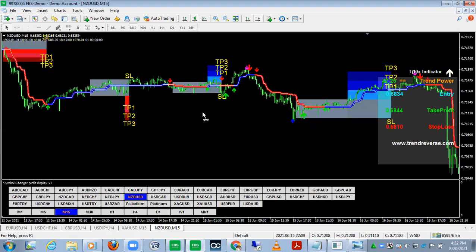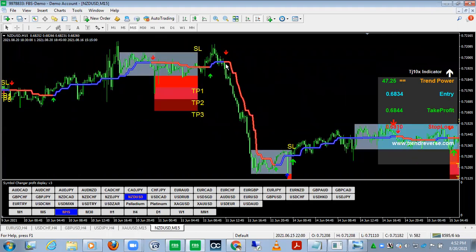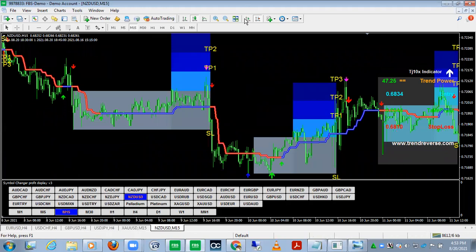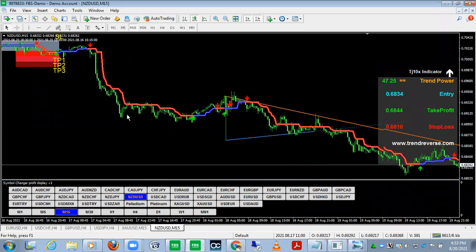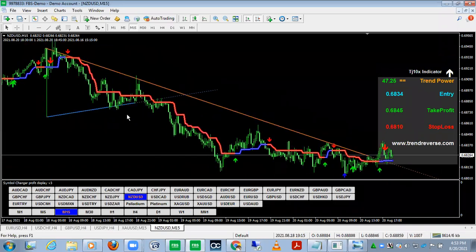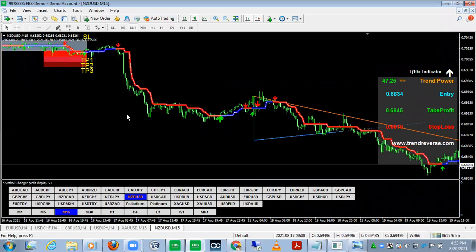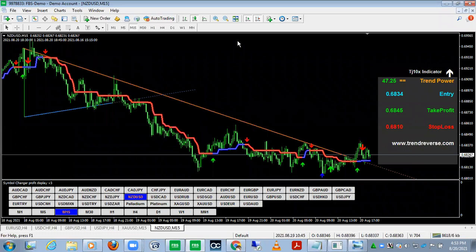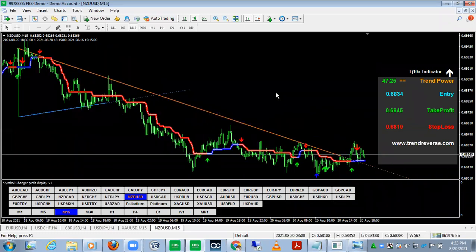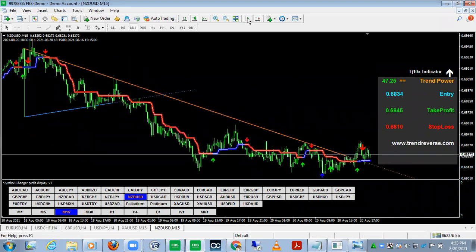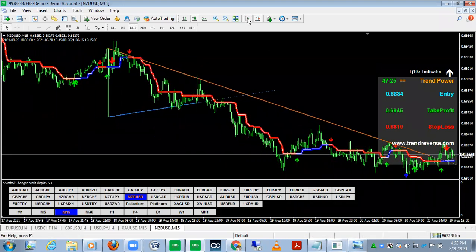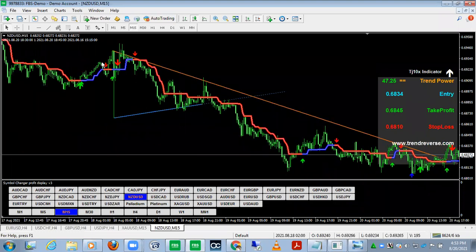So now look at this too. Okay, let me stop this. Let me go back. So I want to see. Look at this first here. First signal of sell.